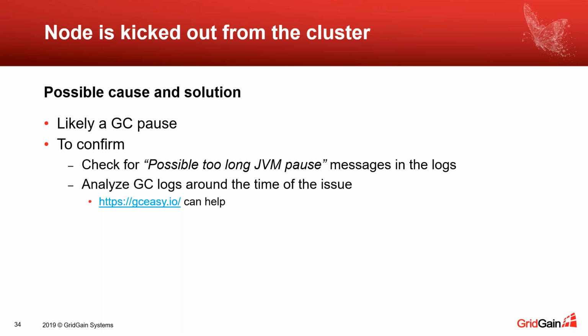If you see that, it means that Ignite has itself detected some issues with stop-the-world collections, or at least that it hasn't got any CPU time in some time period. You can also use some tools. For example, GCeasy.io is a great web-based tool to analyze your GC logs, and it can provide some suggestions on how to tune your GC.